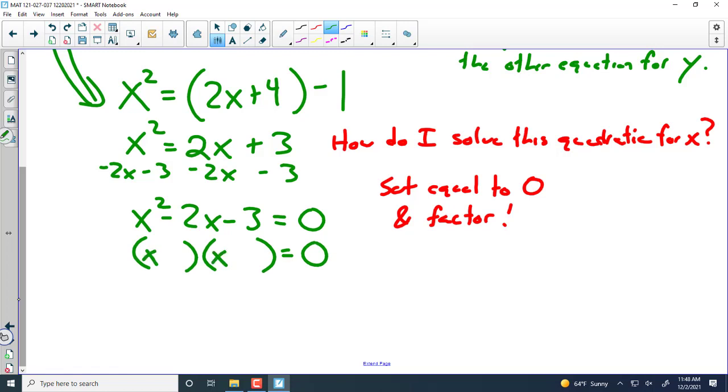Who can factor that? x minus 3, x plus 1. Very good. Awesome. And if those are your factors, what are your two x values? 3 and -1. Is it okay that we got two x values? Yeah, because can a line hit a parabola in more than one spot? Yeah, it can.